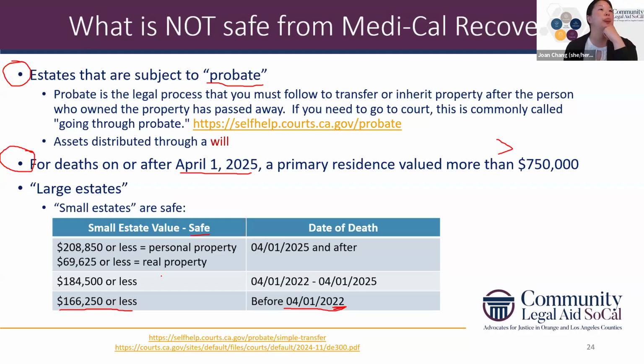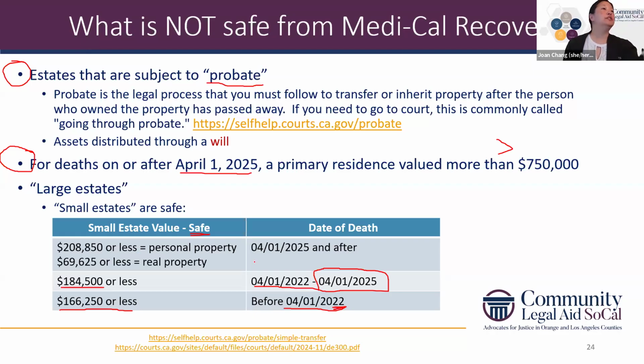Let's keep going up in the timeline. If you passed away from April of 2022 to April of 2025, which is when some of the new laws went into effect, and you had an estate valued at $184,500 or less, you're going to be safe from Medi-Cal estate recovery.